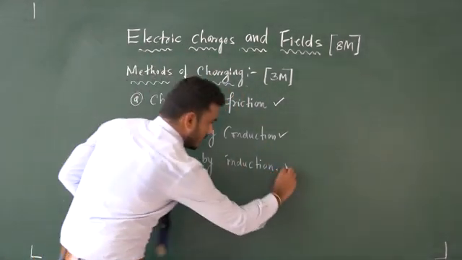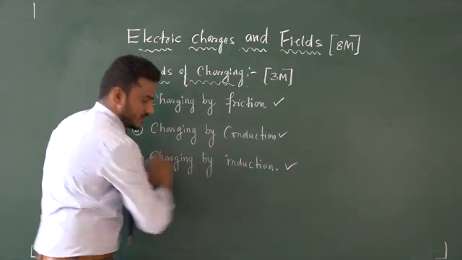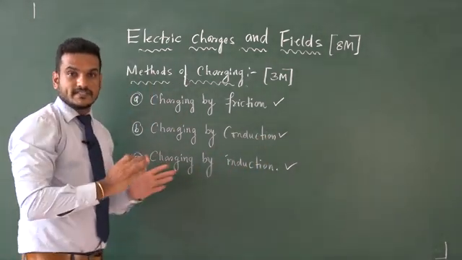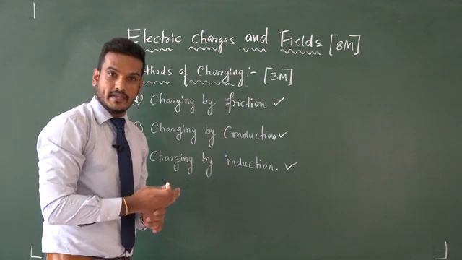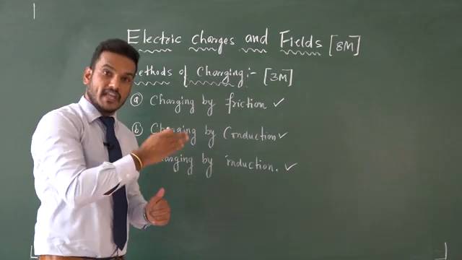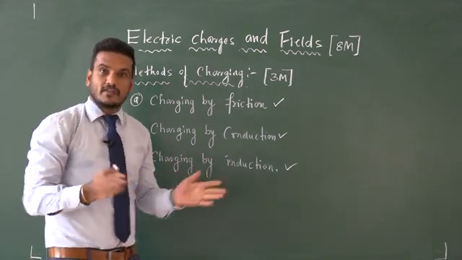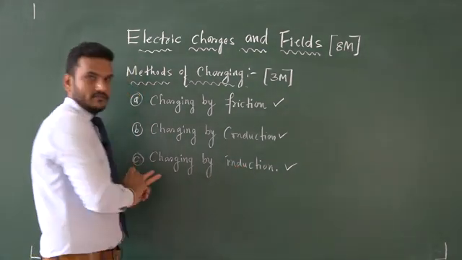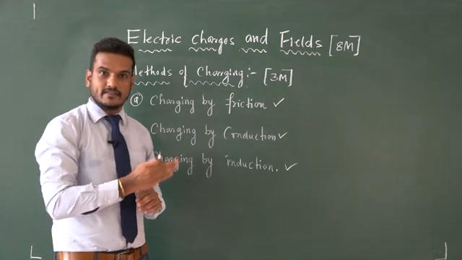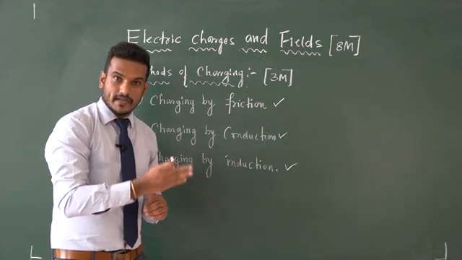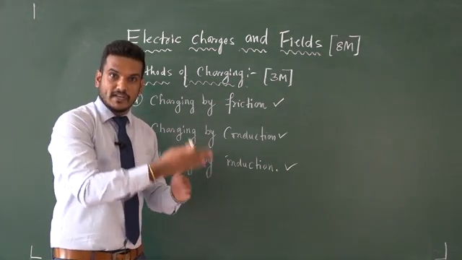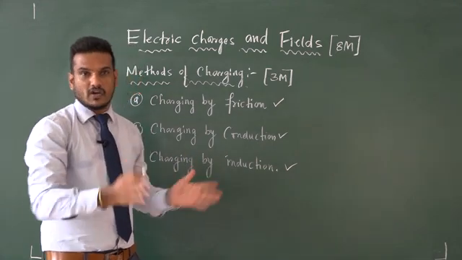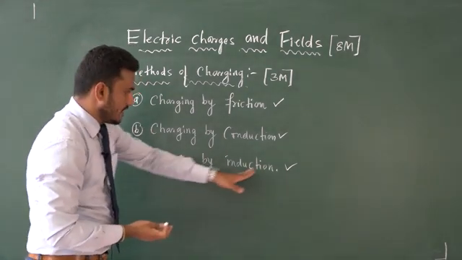So the third one, next, charging by induction. A conductor which is charged by bringing a charged body near to it but without physical contact is called charging by induction.